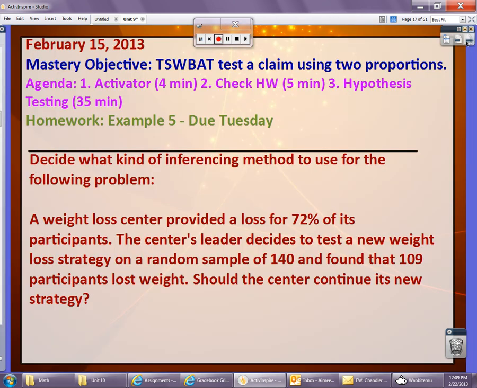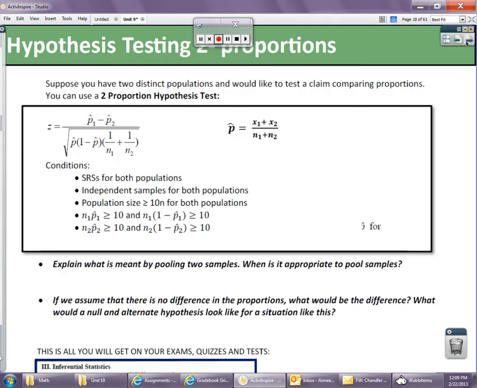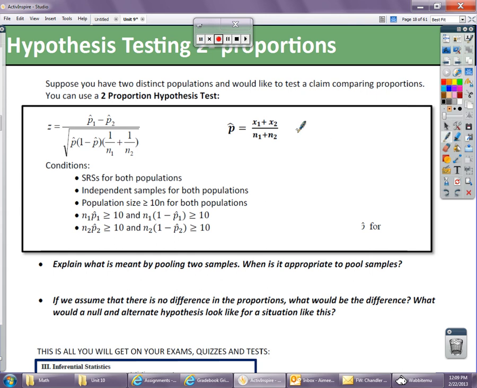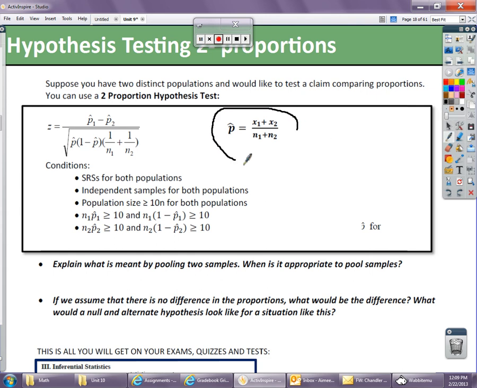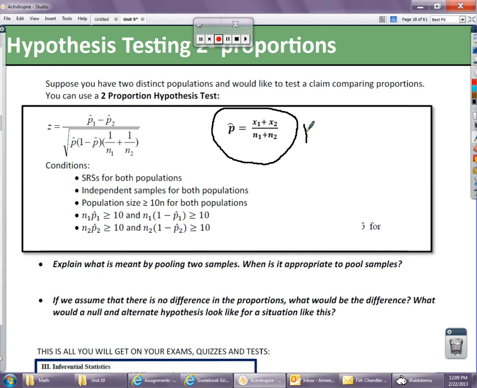Alright, we then went on to talk about testing two claims with a proportion. Okay? And this is called a two-proportion hypothesis test. We talked about how for this one, you do still have p hat, but in this case, p hat is pooled. This is called pooling.